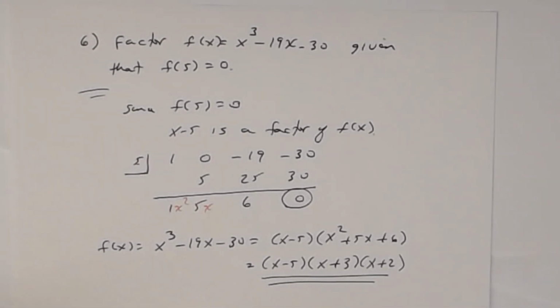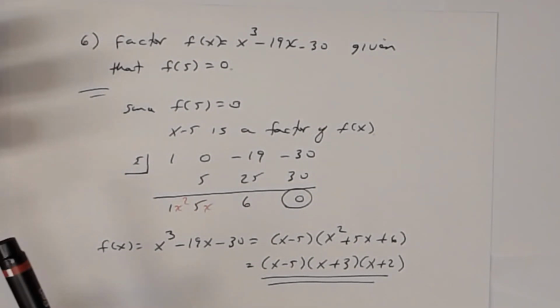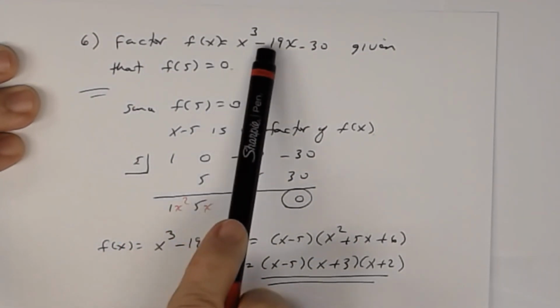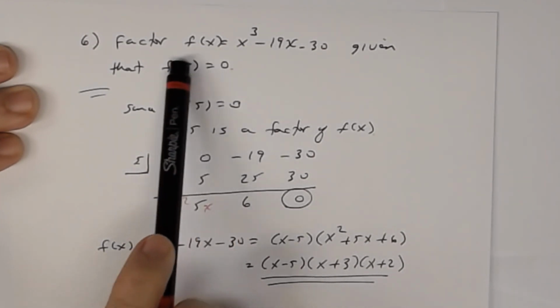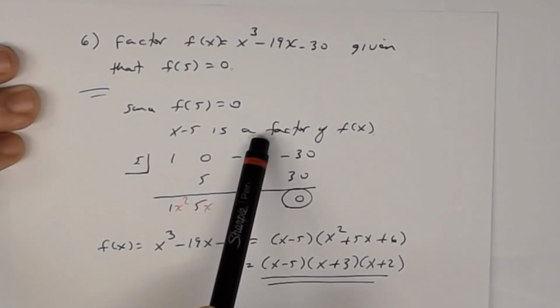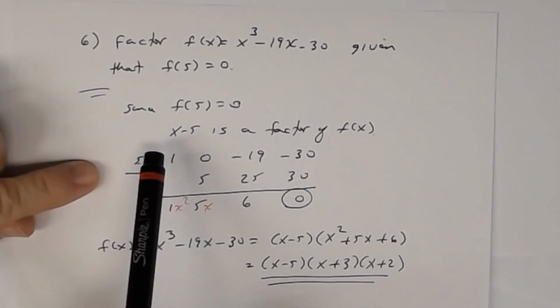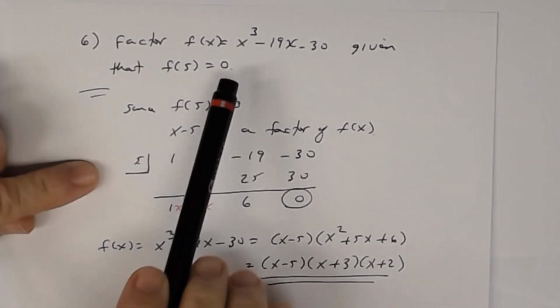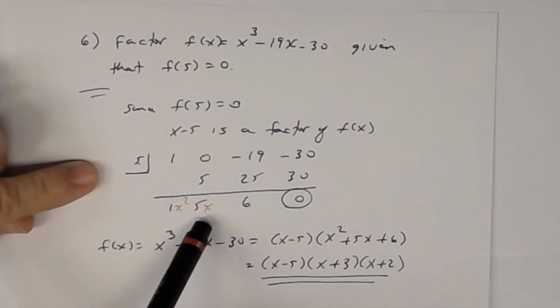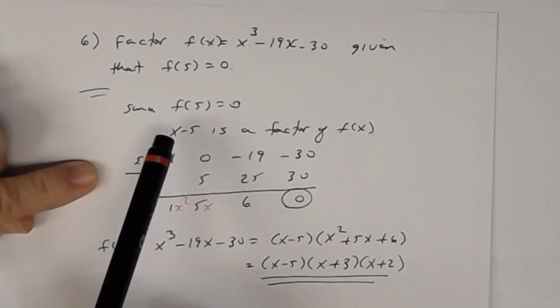All right. So all I did was I just used the factor theorem. So let's talk about it again. According to the factor theorem, if f of 5 is equal to 0, then that means x minus 5 is a factor. I can use synthetic division to break this down into a simpler polynomial times this factor.